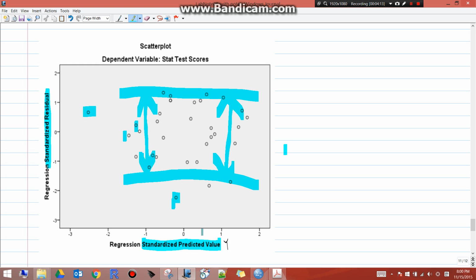predicted value of Y. But if the residual looked like this, when Y is small, the variance was small. As Y gets larger, the variance gets larger.